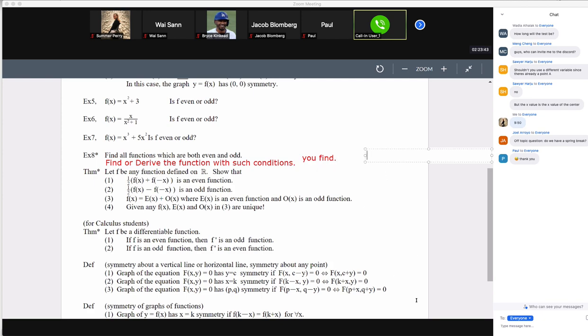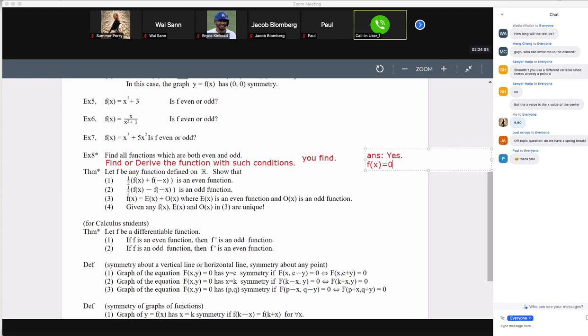Let me just give you the answer. The final answer is this. The answer is yes. f of x is equal to 0. This is the zero function. This is the only function out there which is even and odd at the same time, and that is actually very important.